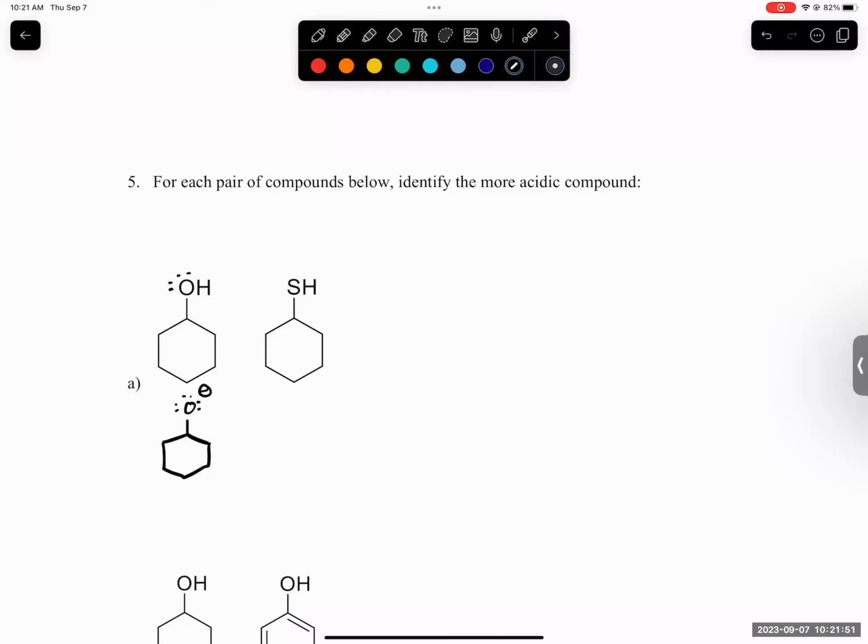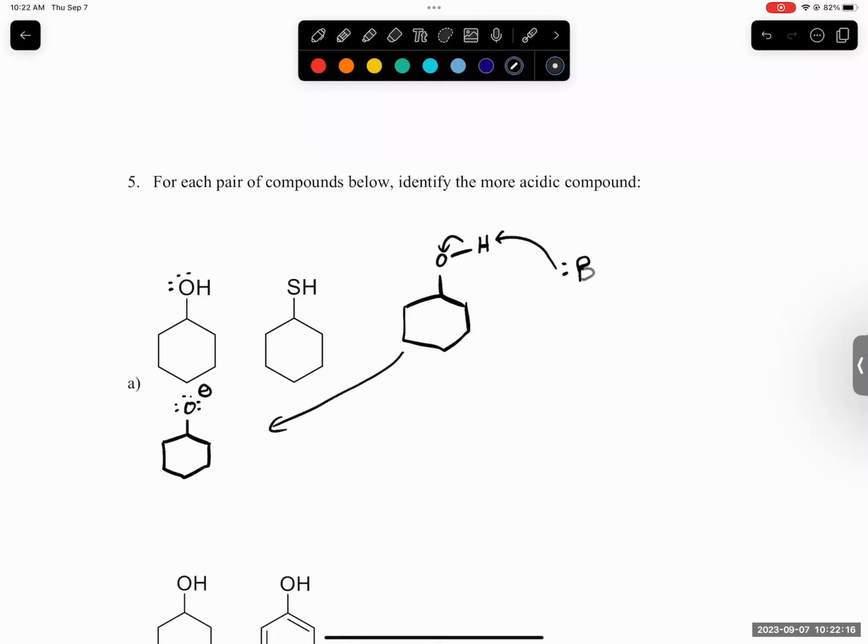We're not showing a base, we're not doing a reaction, we're just looking at its conjugate base. But we know that some base would come and deprotonate this, and then your resulting structure would be this.